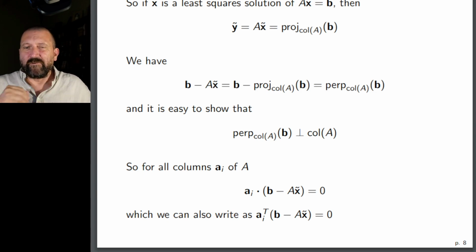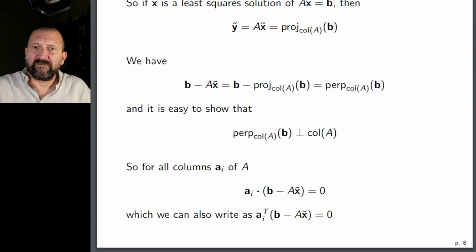If we look at this vector here, B is a vector, AX tilde is a vector. So B minus AX tilde is a vector.